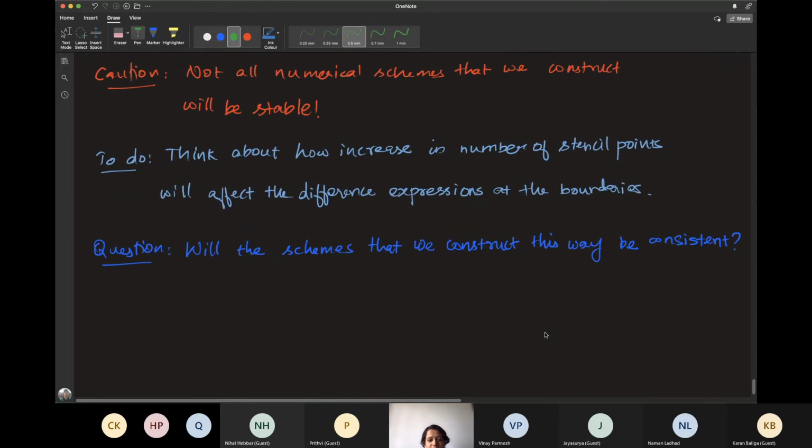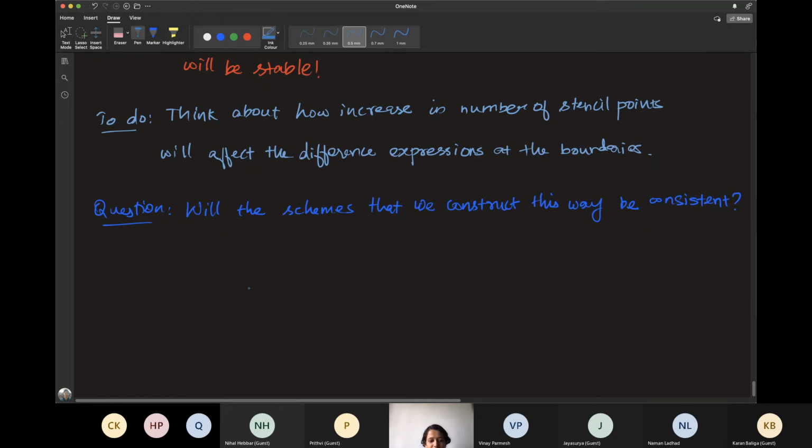Consistency is something we talked about last time, right? If you have a scheme, you replace each of those difference operators. That is, if you have some ui minus 1 minus ui by delta x, you replace ui minus 1 and ui by the corresponding Taylor series expansion. So you get something like this.